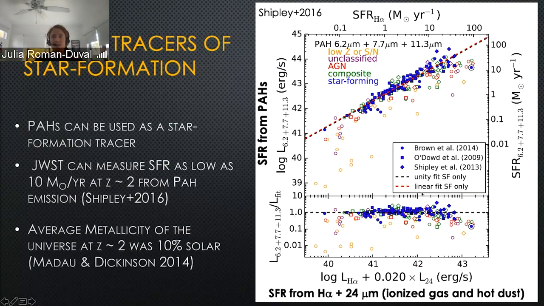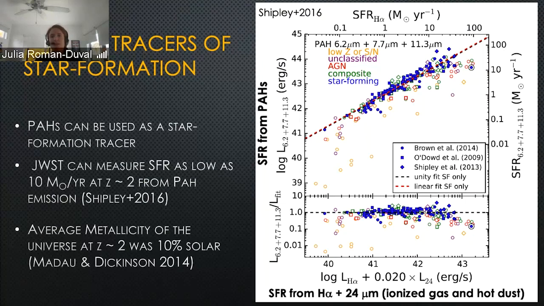And on the x-axis, you have the rate of star formation inferred from more classical tracers, which are ionized gas that we trace with H-alpha. And indeed, young massive stars actually ionize their surroundings, and so ionized gas traces those massive stars. And then also hot dust traced by the 24 micron emission in Spitzer.